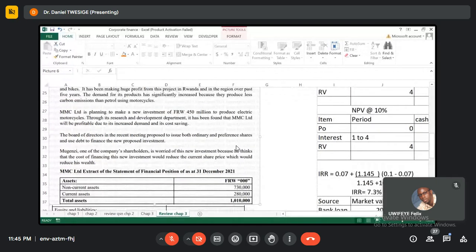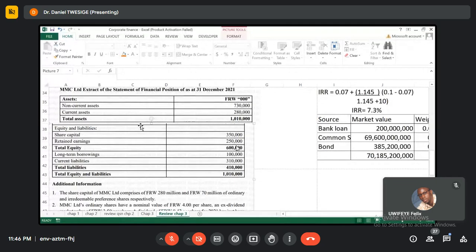The board of directors in a recent meeting proposed to issue both ordinary and preference shares and use debt to finance the new proposed investment. Mujenzi, one of the company shareholders, is worried about this new investment because he thinks the cost of financing it will reduce the current share price, which would reduce his wealth.